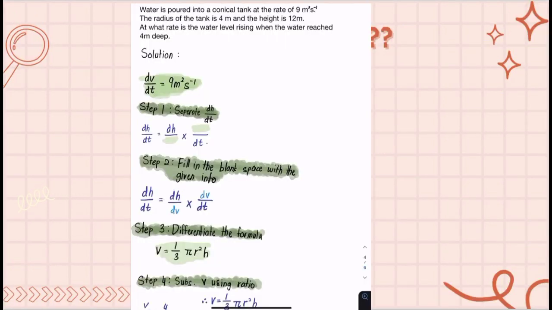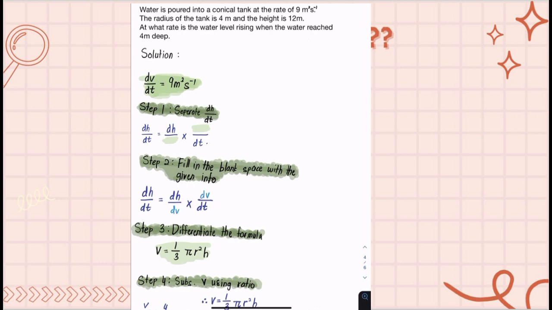Water is poured into a conical tank at the rate of 9 m³/s. The radius of the tank is 4 meters and the height is 12 meters. At what rate is the water level rising when the water reaches 4 meters deep? For the solution, we already have the information from the question: dV/dt is 9 m³/s.